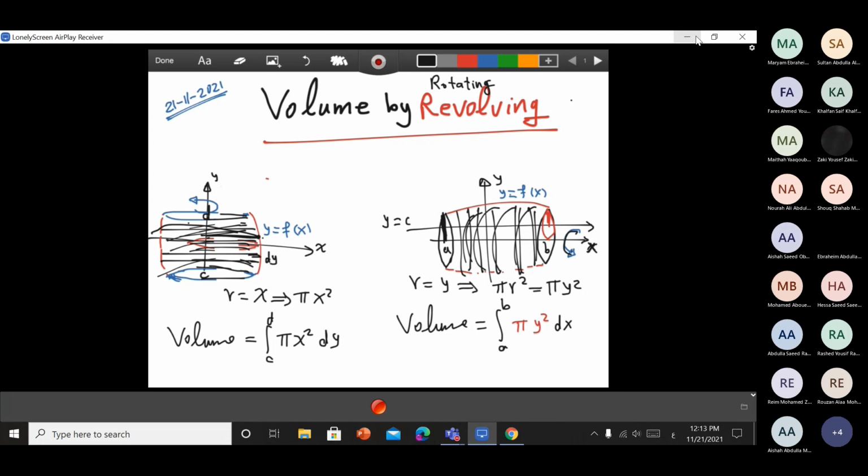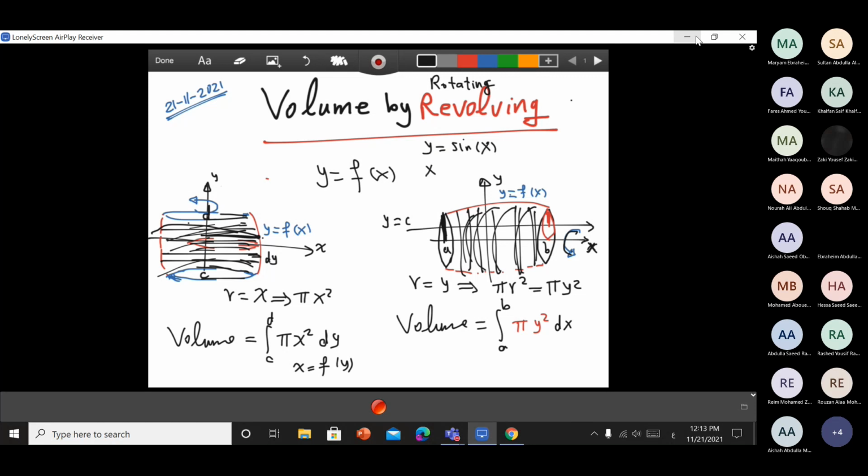Very good. But remember, in the first case you have y as a function of x. So in this case, you have changed to x as a function of y. So in this case, we should have x as a function of y. How to get this one? Say y equal to sine x.